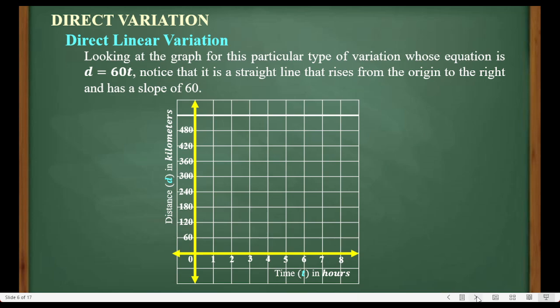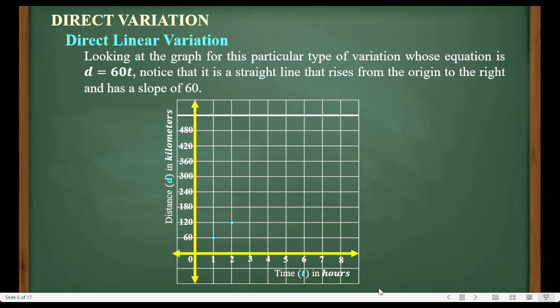Now, using the table of values and plotting those ordered pairs on this Cartesian plane, we take from the table: 160, 2, then 120, 3, 180, 4, and 240.